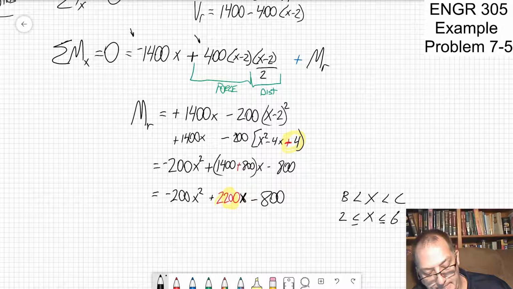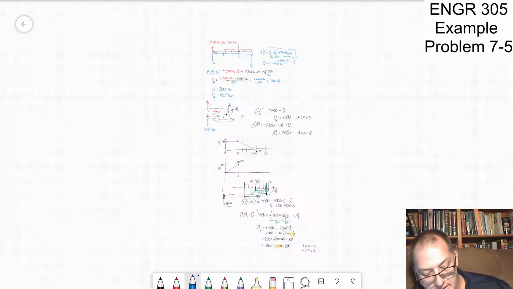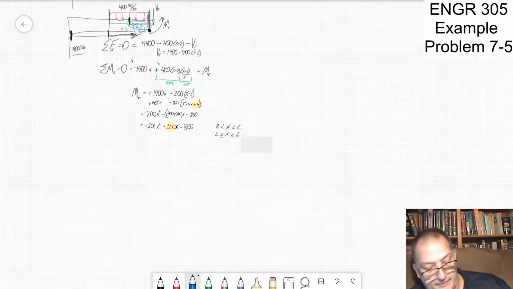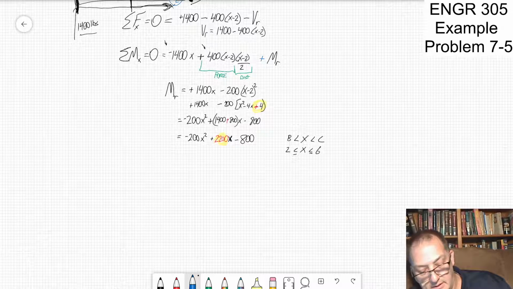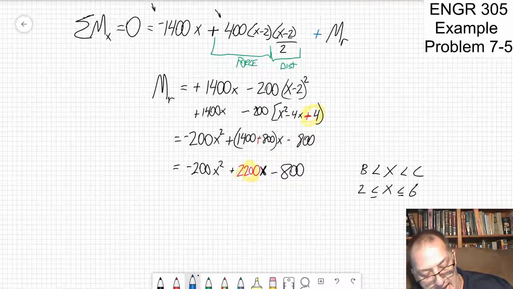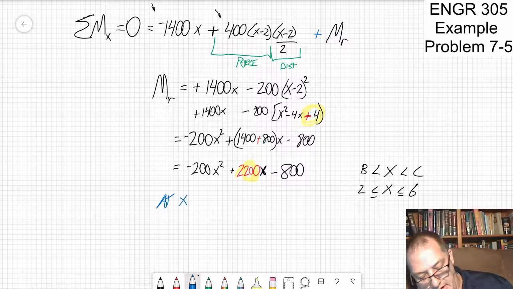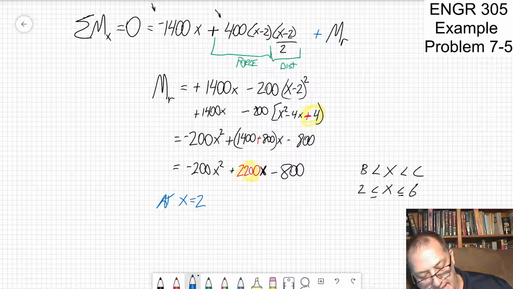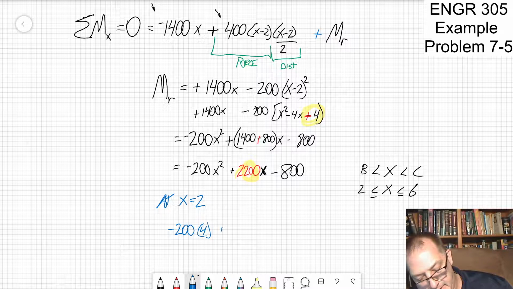All right. So now let's evaluate this at 2. Oh, my goodness. At x equals 2, I get minus 200 times 4 plus 2200 times 2.